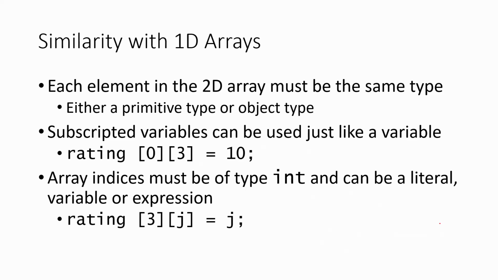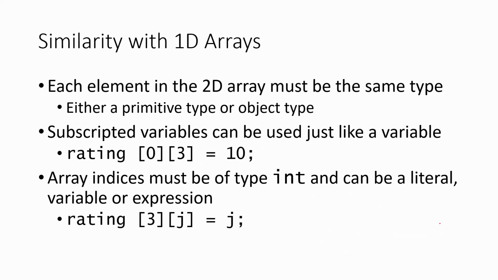Similarity with our one-dimensional arrays: each element in your 2D array must be of the same type, so you can put primitive types, aka double, int, stuff of that nature, or you can put objects. So maybe you want to put student objects or cat objects or cars. Any kind of things that you want to put in there. Subscripted variables can be used just like a variable. So I could say rating bracket 0 bracket 3 equals 10.